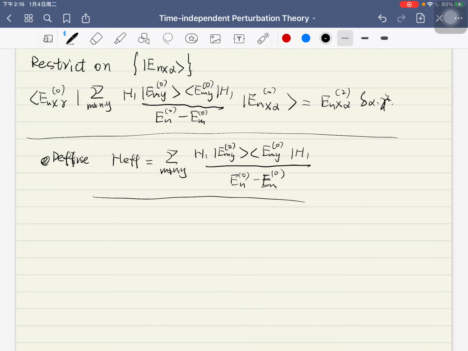And this satisfies the definition in many other treatments. We can also derive these equations by using the Green's function, but I just derived it from the traditional time-independent perturbation theory by series expansions. Okay, that's it.